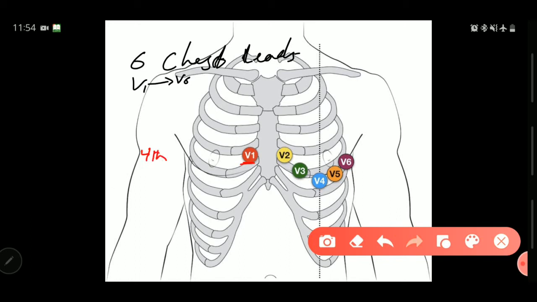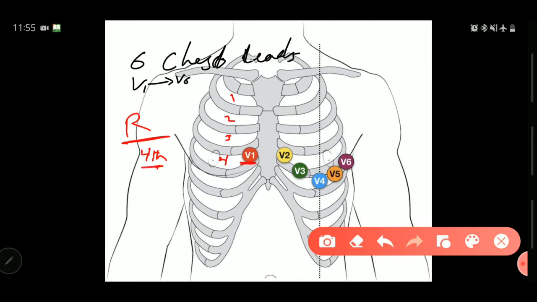Look from here, that is the first intercostal space, the second, the third, and that is the 4th intercostal space, which you put here, V number 1 on the right side. Focus. On the right side, you put V number 1 in the 4th intercostal space.